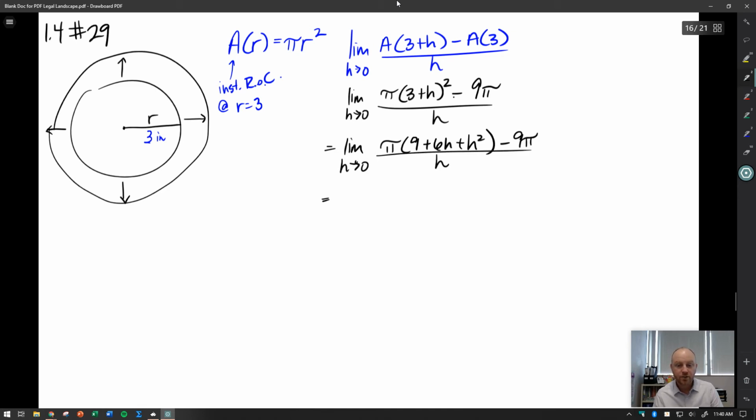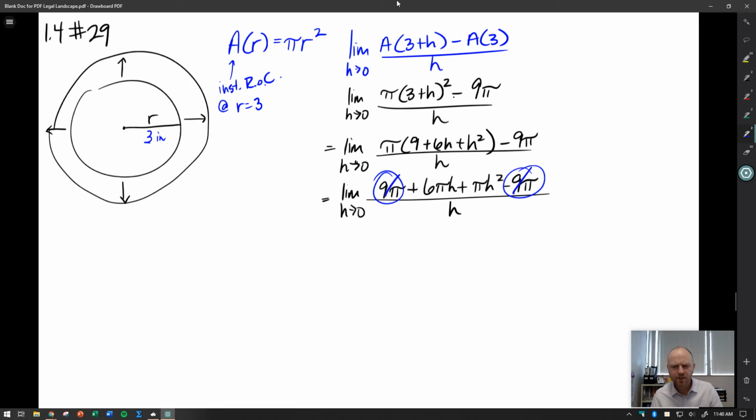Let's distribute the pi. So we've got a limit as h goes to 0 of 9 pi plus 6 pi h plus pi h squared minus 9 pi all over h. And then I noticed that a 9 pi minus a 9 pi make 0.